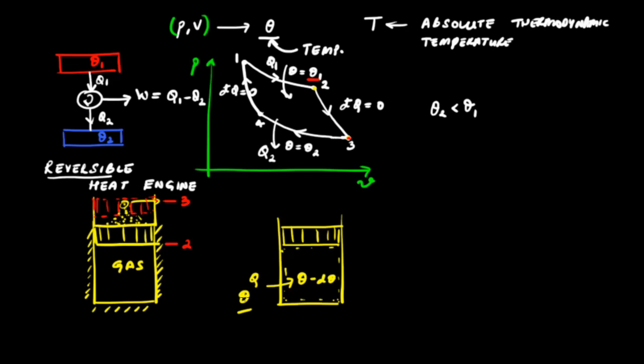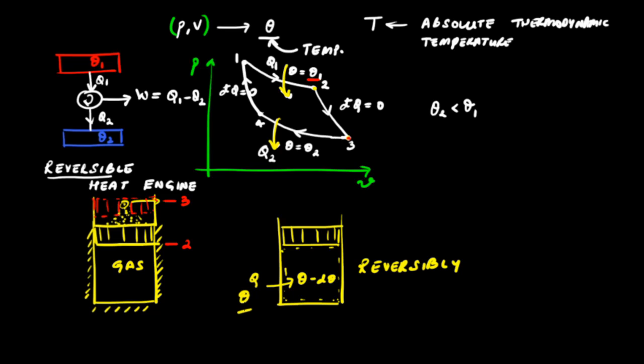Now, if our heat engine wants to extract heat from a high temperature reservoir or reject heat to a low temperature reservoir, and if we have to do it reversibly, then we must have a temperature which is just infinitesimally different than the temperature of the thermal reservoir. And by thermal reservoir we mean that the temperature of the thermal reservoir does not change.